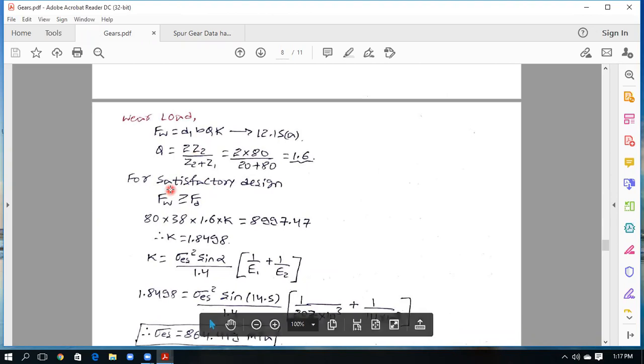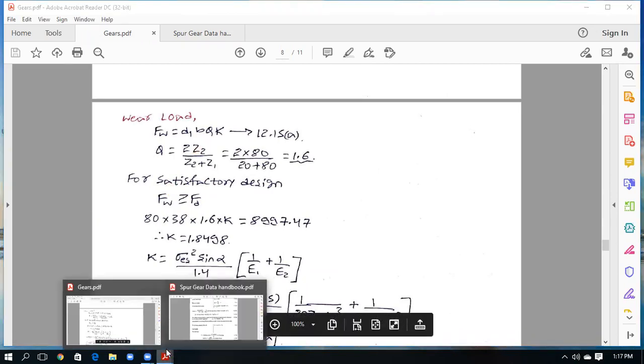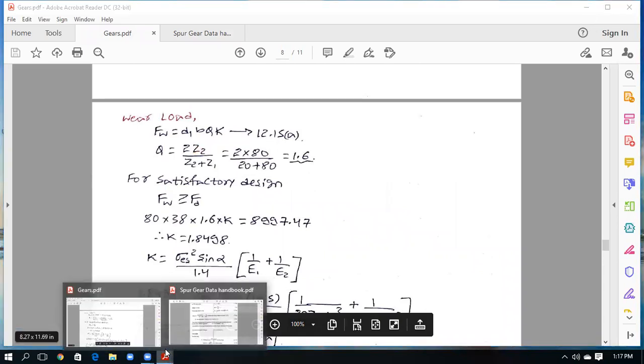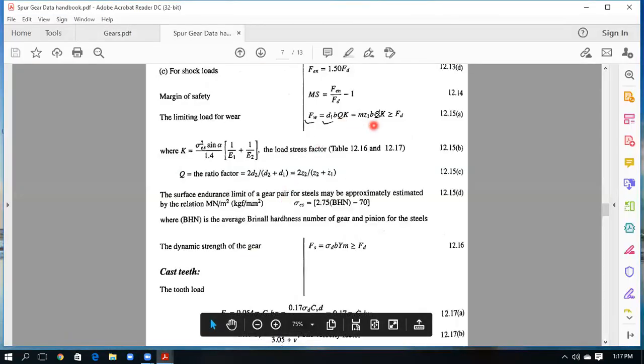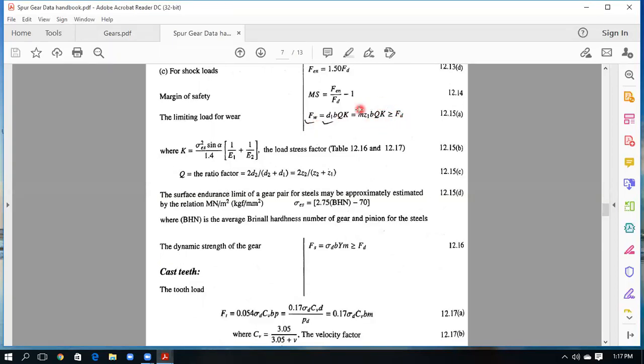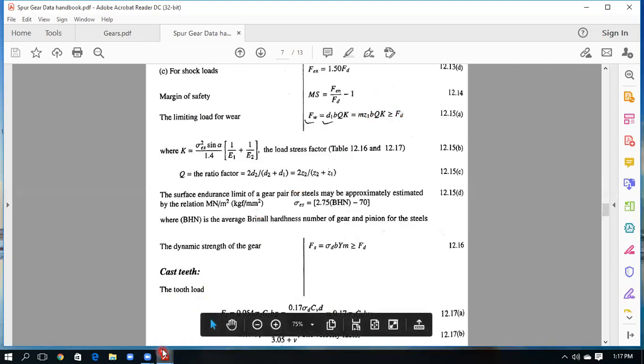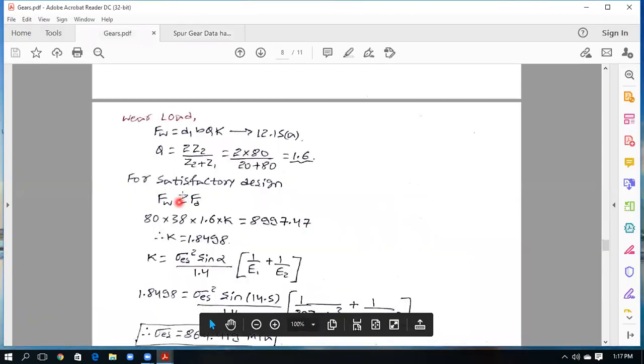If the design has to be satisfactory, whatever the wear load is, it has to be greater than or equal to the dynamic load. Using this equation, I am going to take this down.